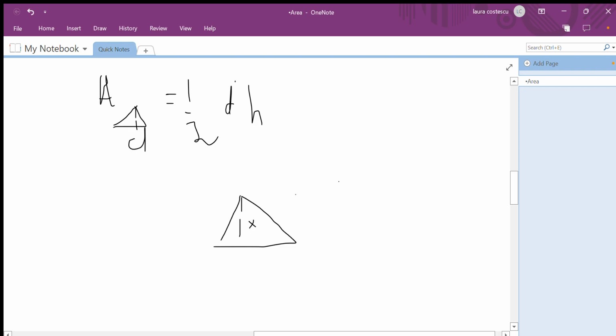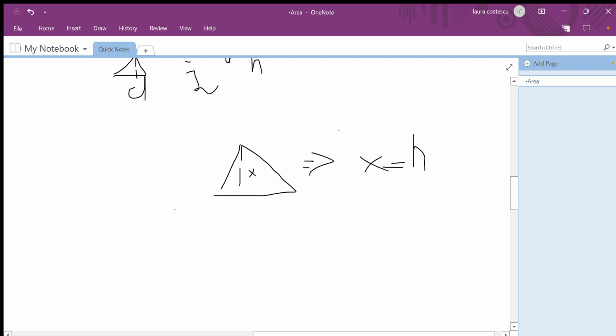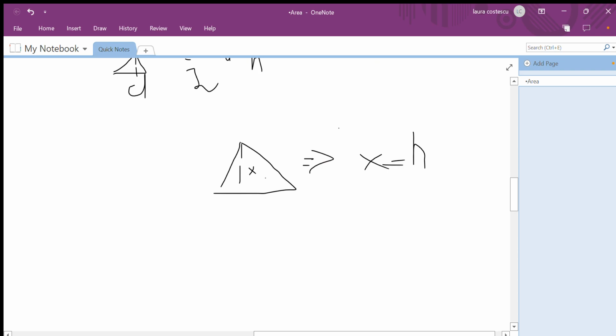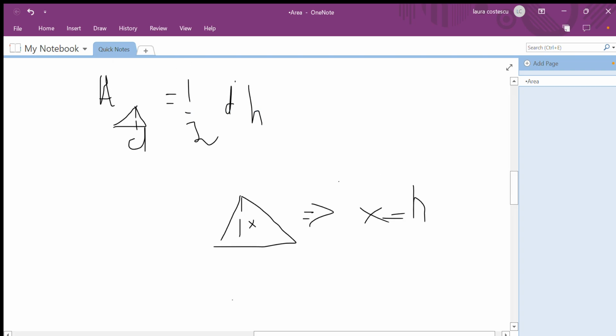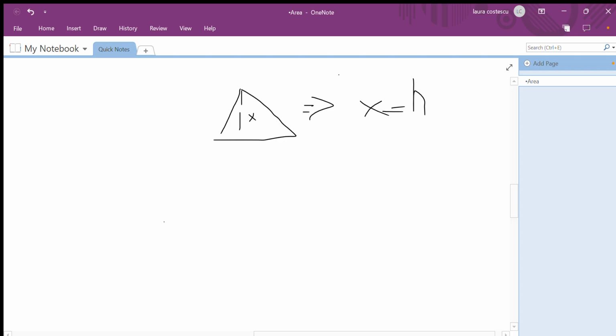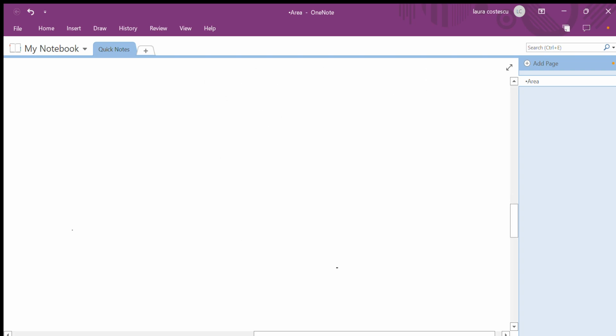So this means that x equals our height here. So we can find x with the Pythagorean theorem, which I will post too, but the basics to it is that a squared plus b squared equals c squared. I don't want to go into much detail with this.